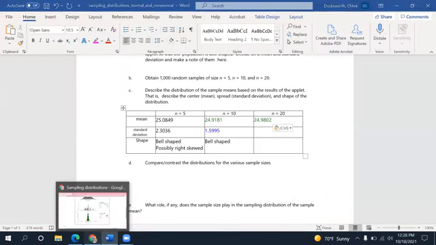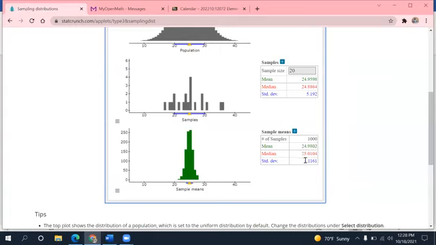I think it's bell shaped looking at the graph. Yeah, it looks bell shaped to me too.